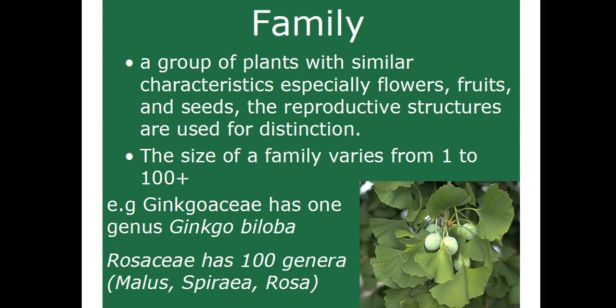A wide family, the Rosaceae family, has 100 different genera of plants. Some of these that we will talk about later on include Malus, which is the apple genus, Spirea, and Rosa, the rose genus.